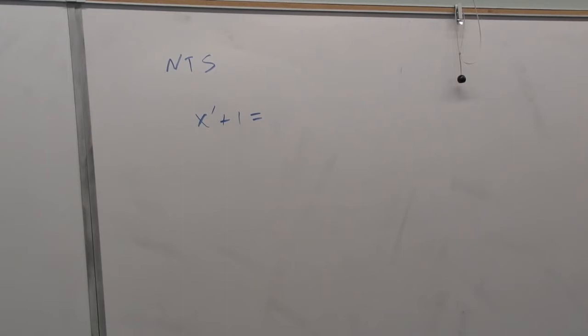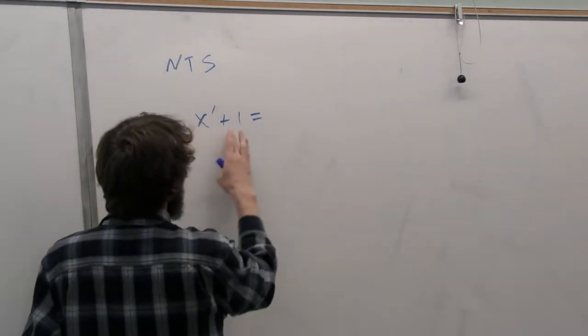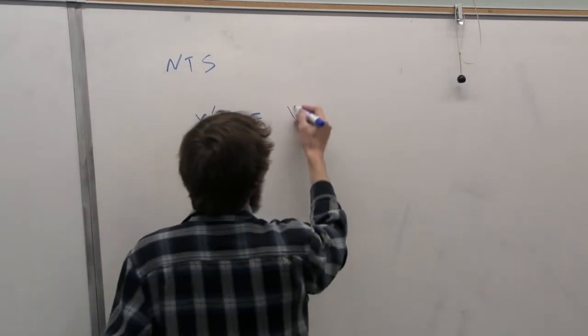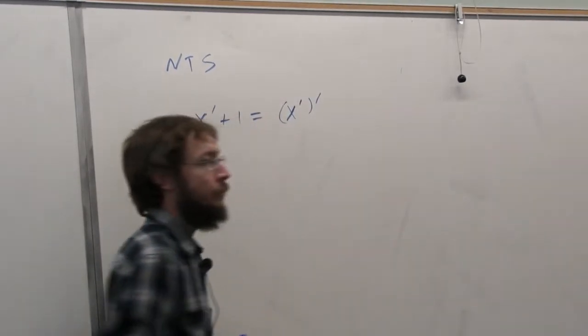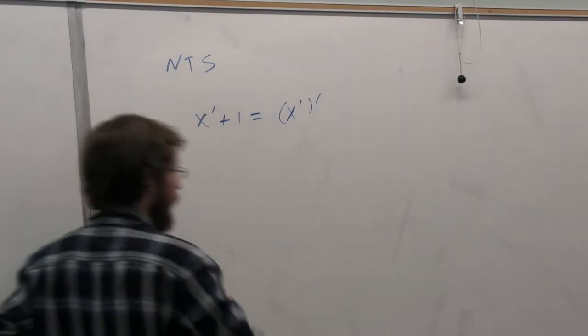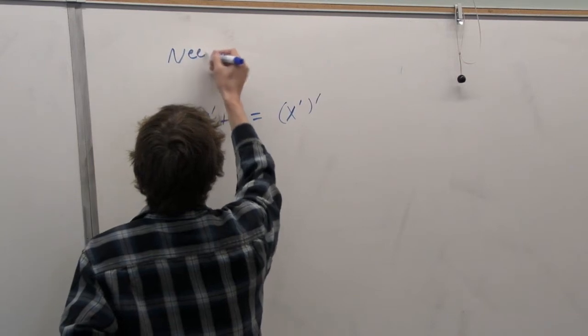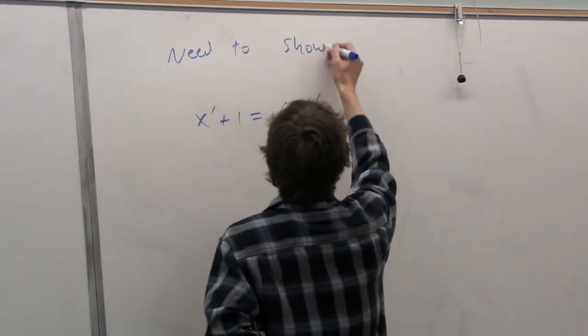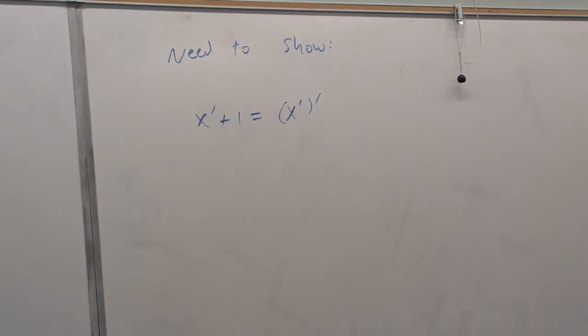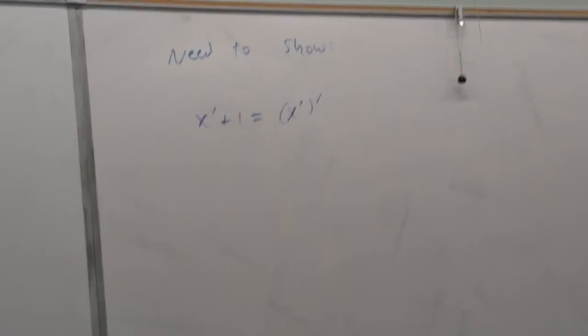Is it true that when we have x successor plus 1, that it's equal to this number's successor? Okay? So in other words, whenever you have a number plus 1, is that equal to the successor of this number? So we need to show that that holds, because that's one property that we want our addition to satisfy. That whenever you take x plus 1, you get the successor to x.